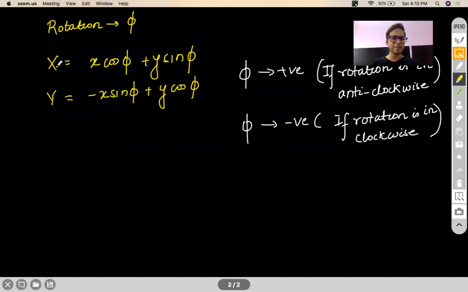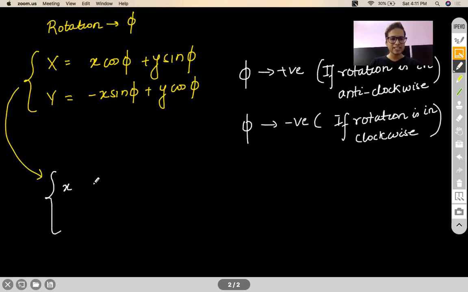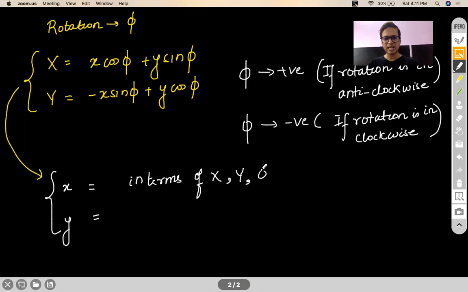Tell me, if capital X is given by this and capital Y is given by this, can you convert this relation in such a way that small x is in terms of capital X and capital Y, of course along with phi, and small y is in terms of capital X, capital Y, and the angle of rotation?